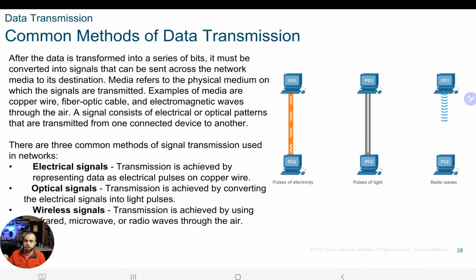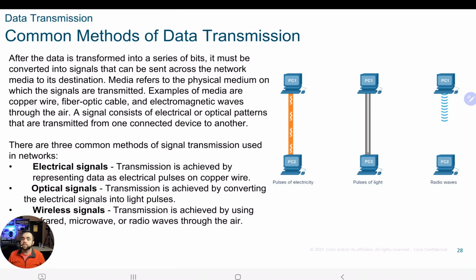These are actual electronic pulses on copper wire, that on, off, on, off, on, off. It's going to send those pulses on the wire itself. And I don't know if you remember from the overview, we're going to talk about making our own cable that uses copper. It's called UTP, in order to move those pulses of electricity on our network.